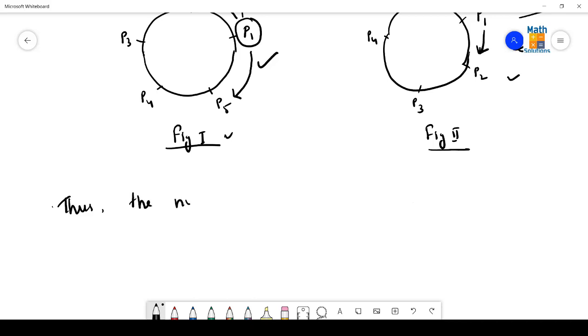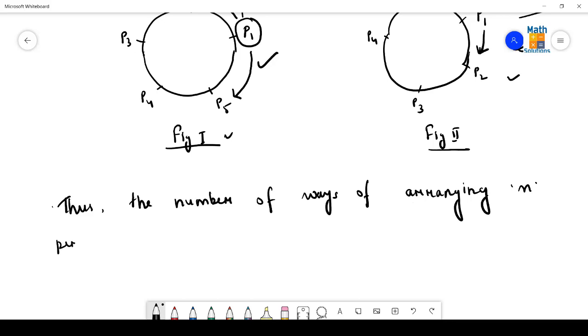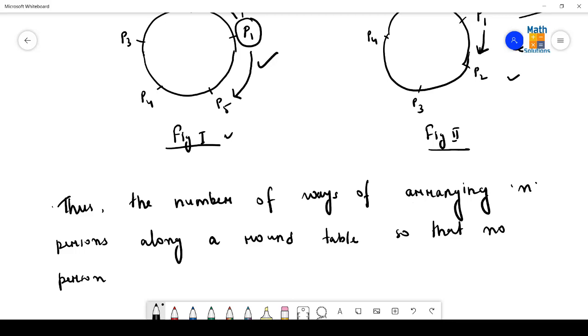The number of ways of arranging n persons, I mean n number of persons, along a round table so that no person has the same two neighbors is half of n minus 1 factorial.